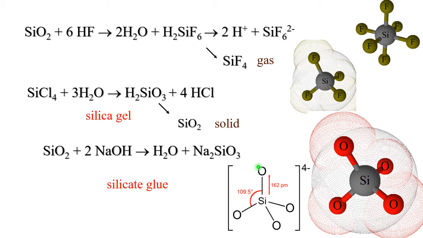In silicates, the main building unit is this tetrahedron, like that. This compound itself is so-called silicate glue, and in fact it is not monomeric, it's a polymer of SiO4 units glued together.